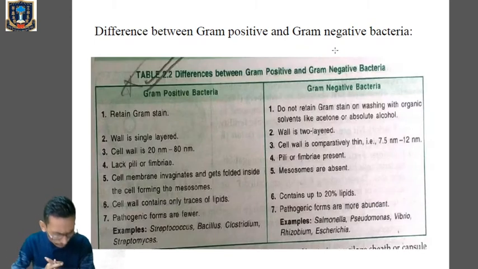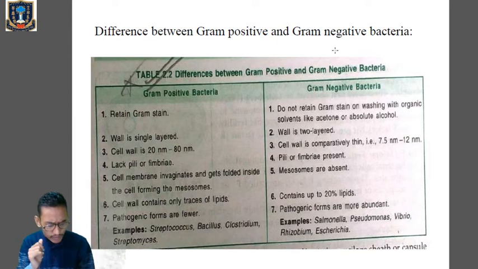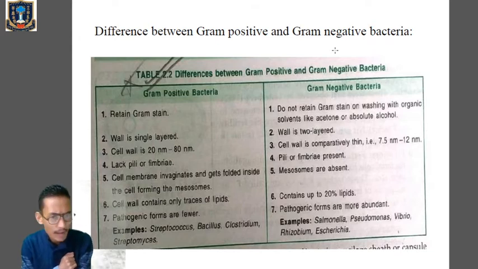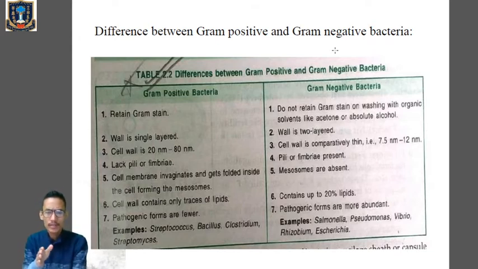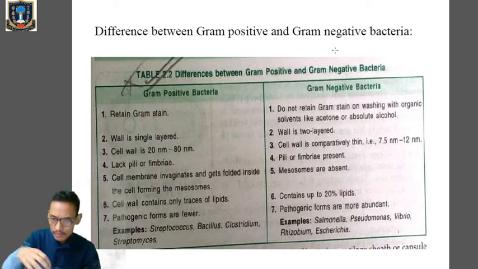Kindly go to page number 10. Over there, you will find a Danish bacteriologist called Hans Christian Gram. Kindly remember this name. He stained bacteria. Stain means to impart color.